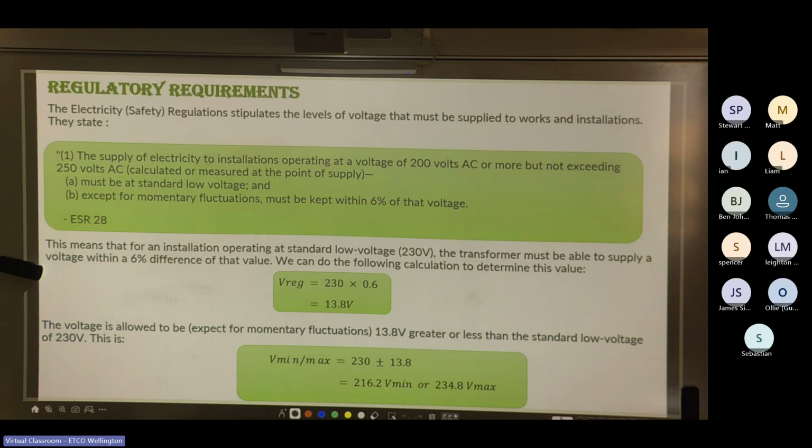This is V min, V max: 230 plus or minus 13.8, which is 216.2 volts or 243.8 V max, which is strange because I swear I have measured 240 volts coming out of socket outlets before, but maybe that doesn't count because it's not the point of supply. So the point of supply being your fuse or pillar box.